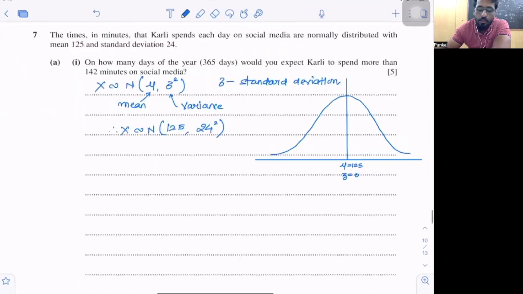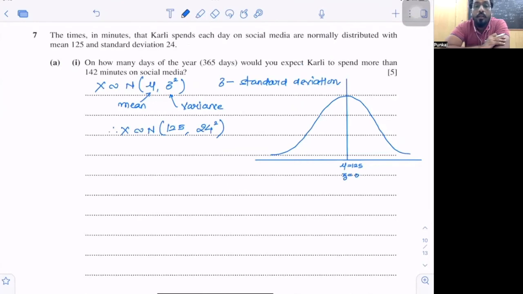You want to find on how many days of the year you would expect Carlyle to spend more than 142 minutes on social media, more than 142. So on which side of the graph can you see 142? That's the value of x, students. This 142 that you can see over here is the value of x. Of course 142 lies beyond 125, isn't it?